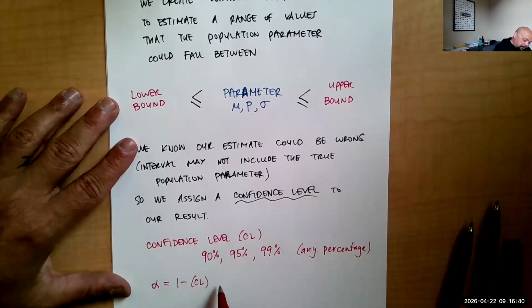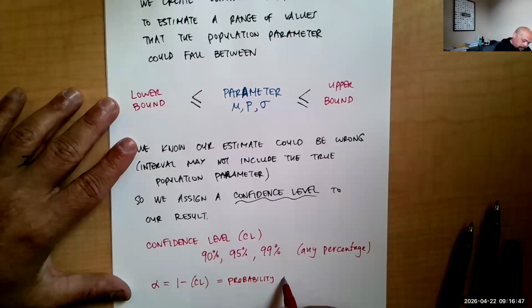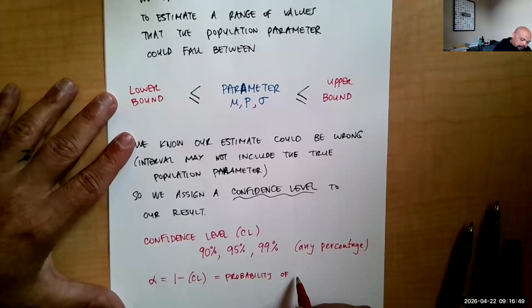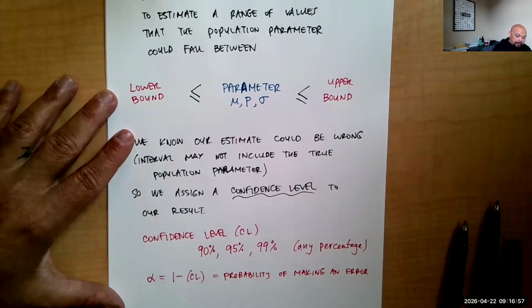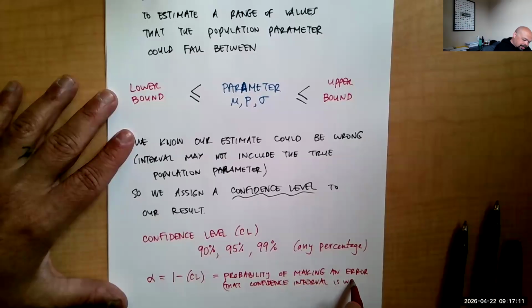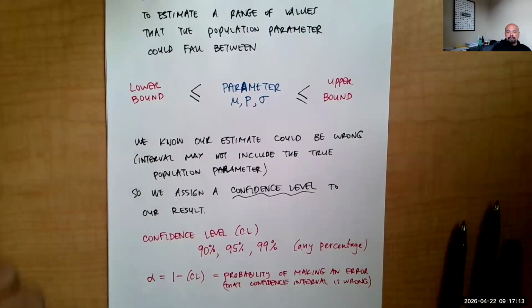And what this alpha represents for us is the probability, the chance of making an error. This type 1 error discussion, right? The probability of making an error, the probability that our confidence interval is wrong, that it doesn't include that population parameter, okay?